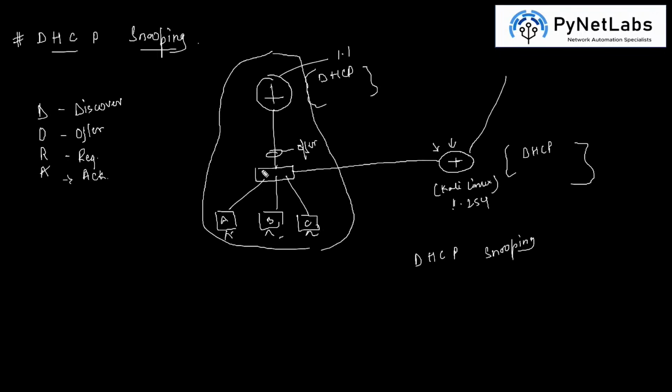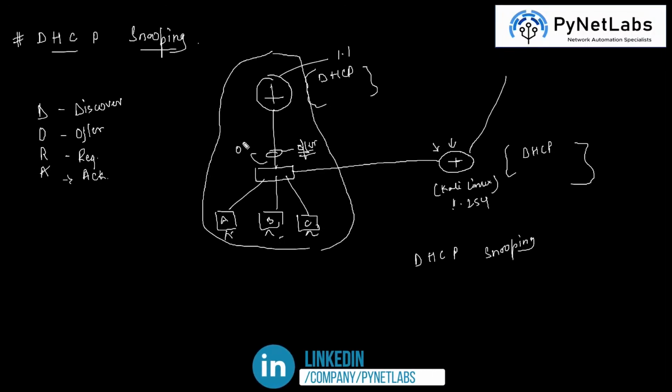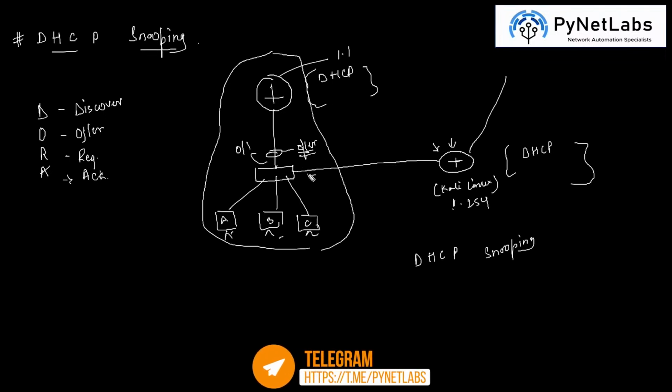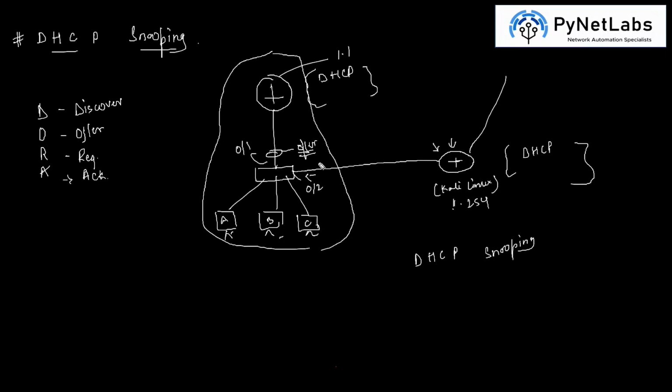So we tell the switch that you just have to accept the offer messages on this port. So let's say this is port number 0/1. So we tell the switch that 0/1 should be used in order to receive offer messages. And if you receive any offer message from here, let's say on port number 0/2, just drop the message and don't forward it ahead to any of the devices. So that's how DHCP snooping works.